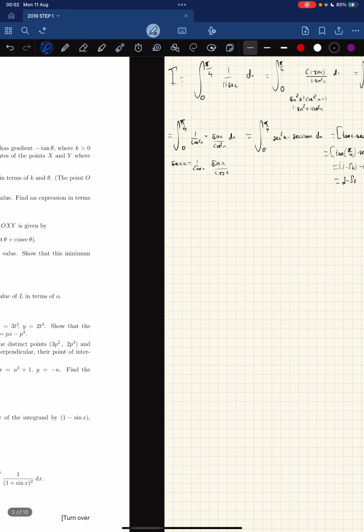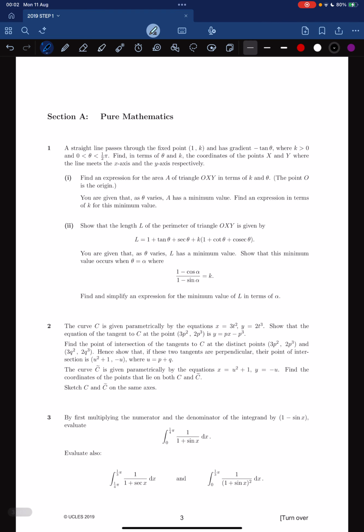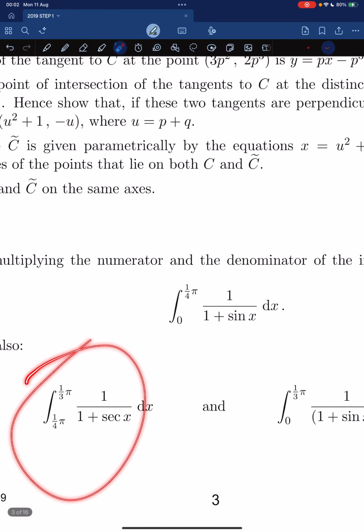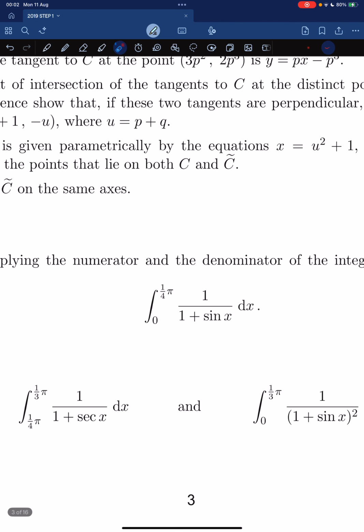Now we're going to look at the second part of the question. We have a similar structure, because we have 1 plus a trig function, and it's 1 on the numerator. So we should try the same technique.